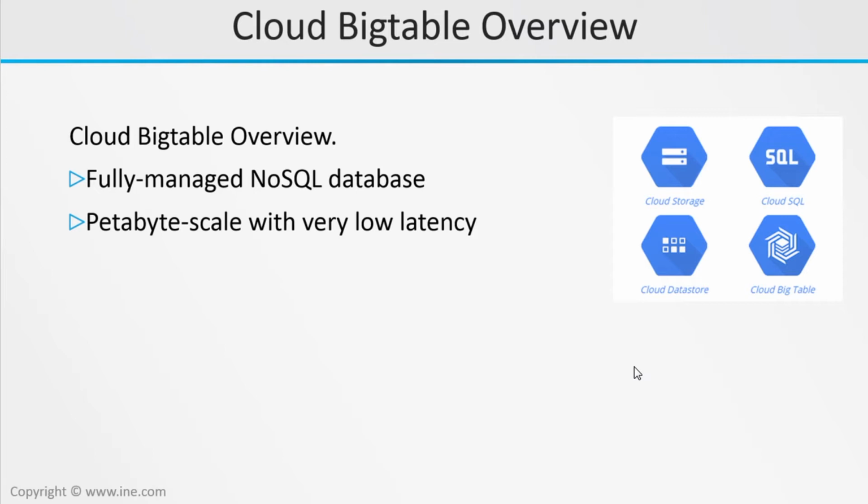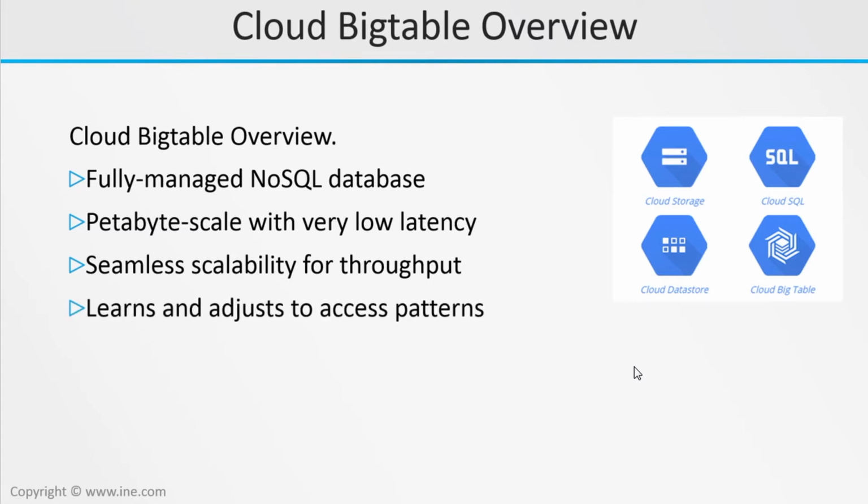And again, this is a powerful solution when it comes to scalability. Throughput, for example, could support significant workloads. You can also appreciate that it can learn and adjust to access patterns.